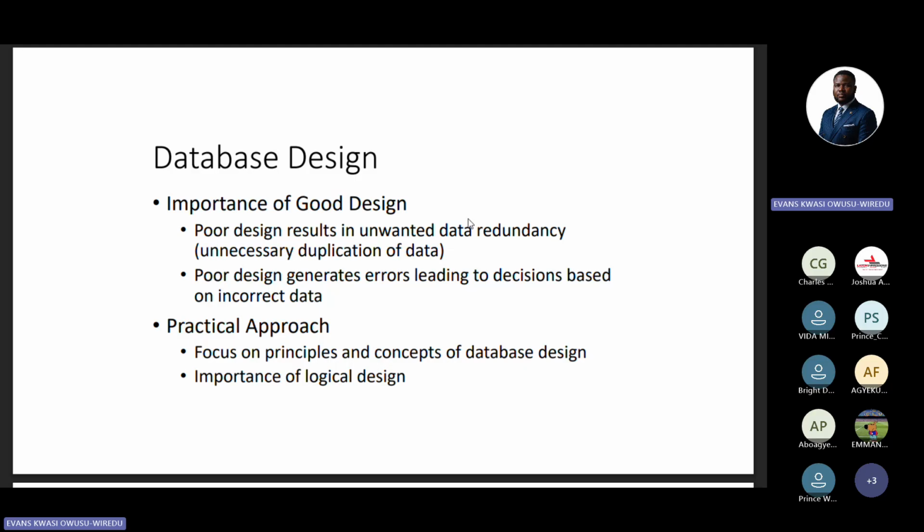When a good database system is designed, it helps to avoid data redundancy. How does it do that? Let me explain. Remember I said the person who designs it decides to take information from the one who would need the database done in their company.